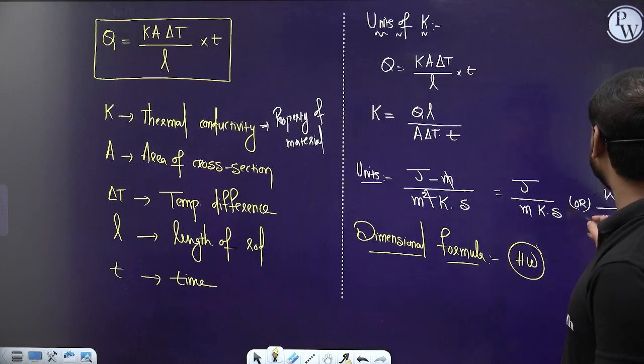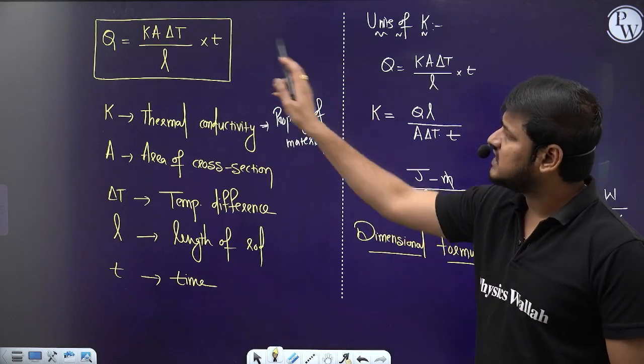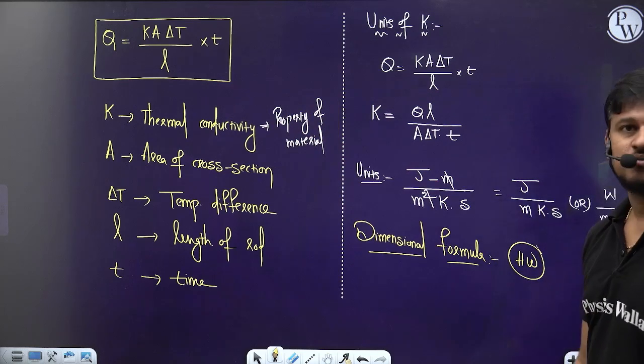So either joule per meter Kelvin second or watt per meter Kelvin. Done everyone? So those are the thermal conductivity units.